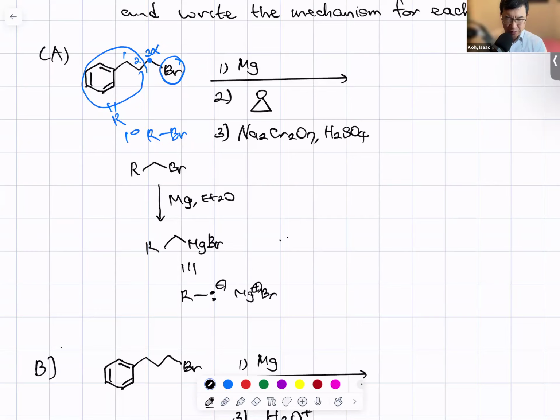And next, we're adding this epoxide. Epoxide is a very reactive chemical species because of ring strain. So this carbanion will attack the less substituted carbon.